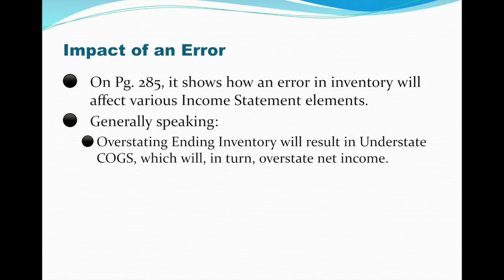And in return, because you're understating COGS, you will overstate your net income. Basically, by saying that you have less, it'll look on paper like you're selling more than you actually are. So your income will appear to be higher than it actually is.